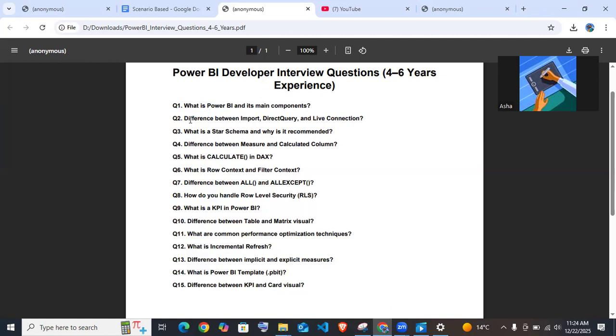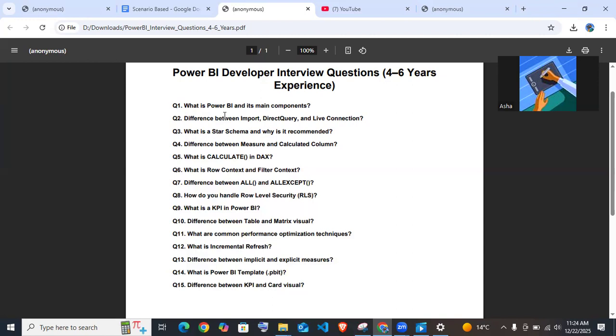Question 2, difference between import, direct query and live connection. Generally in Power BI, we have three different modes, and apart from these three there is also the composite model. Import mode means data is stored in Power BI, and the use case is faster performance. In direct query, data stays in the source.